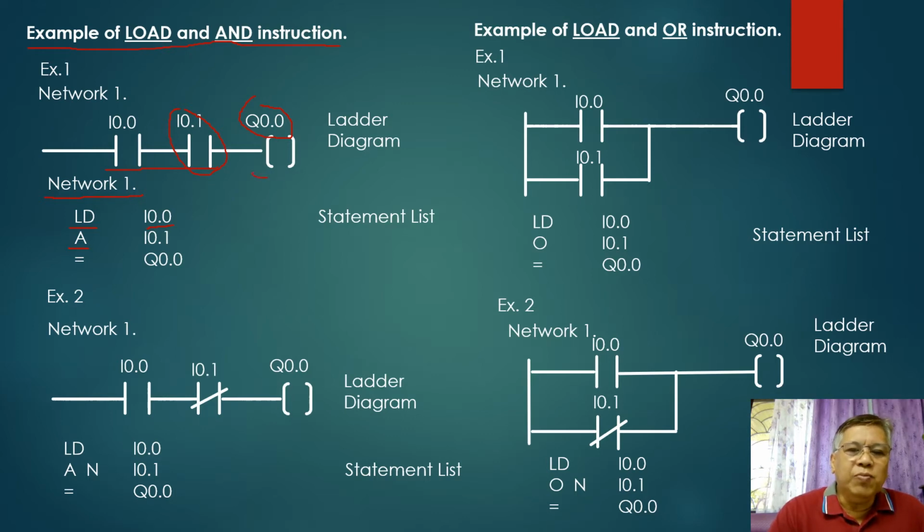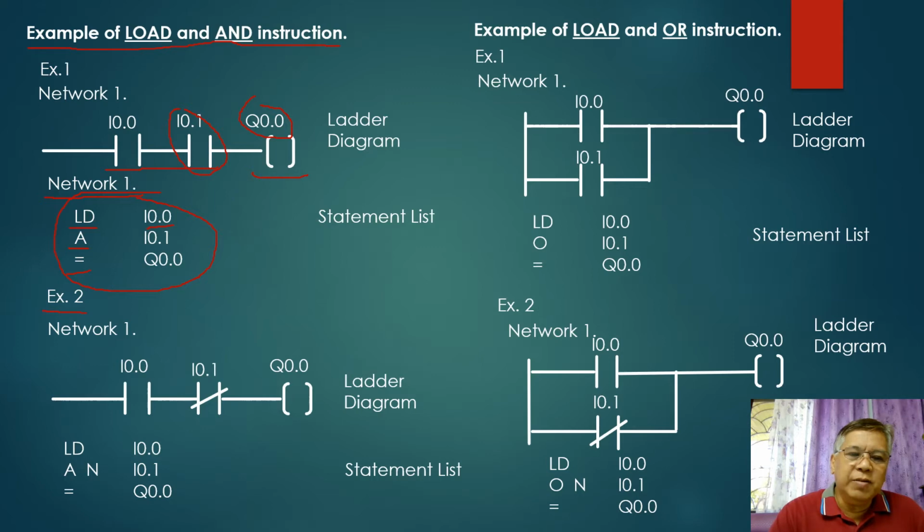Then the output Q is represented by equals Q0.0, meaning this is now the output of your network. This is your statement list. It is very easy to interpret and make use of statement list programming.